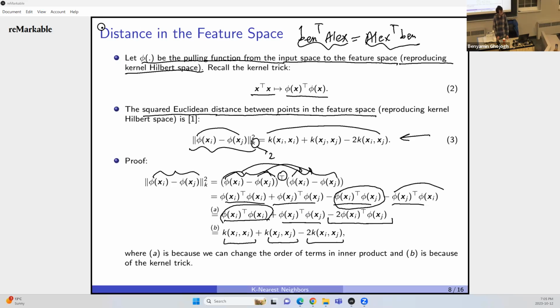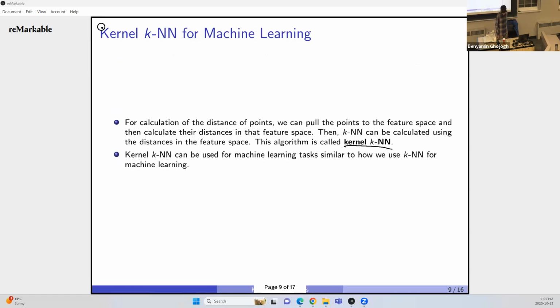The proof is so simple, right? It uses the kernel trick. So for calculating the distances, we used the distances in the feature space or Hilbert space, and then we sort the distances as before. It gives us kernel KNN, and we can use it for regression or classification.